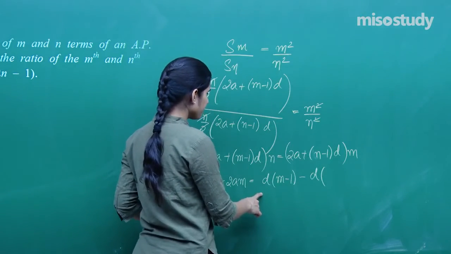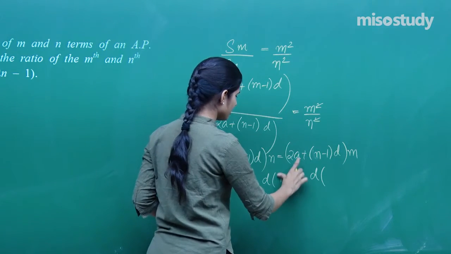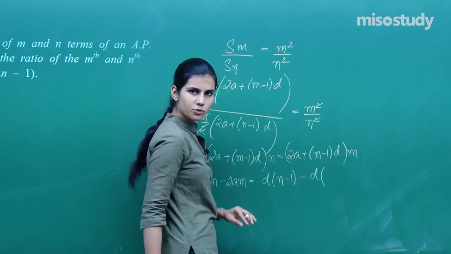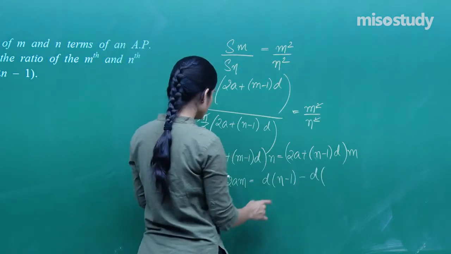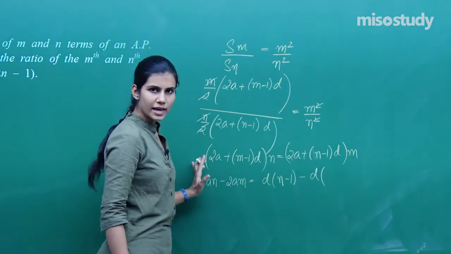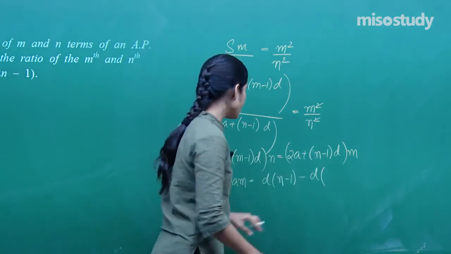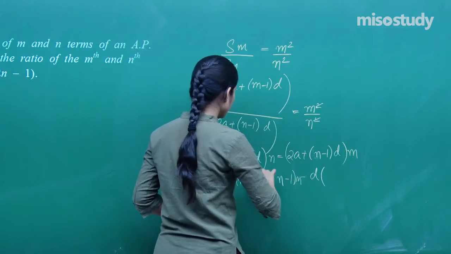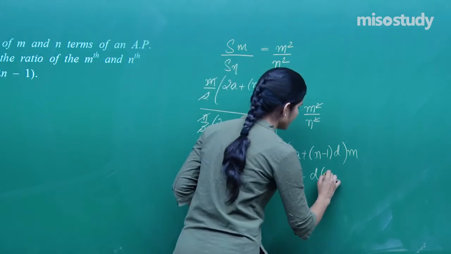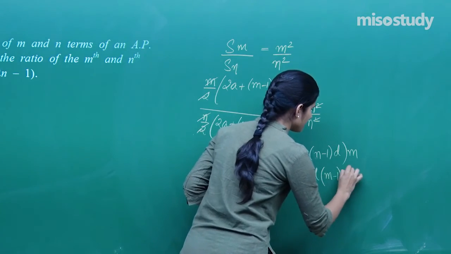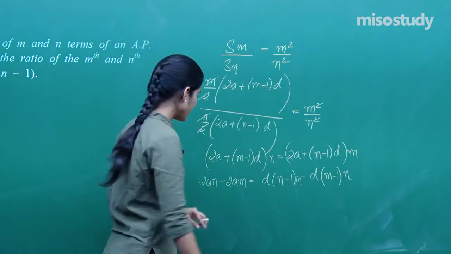See, 2an minus 2am, and here it is dm n minus 1 minus dn m minus 1. Right?